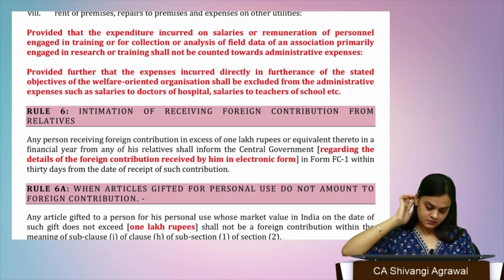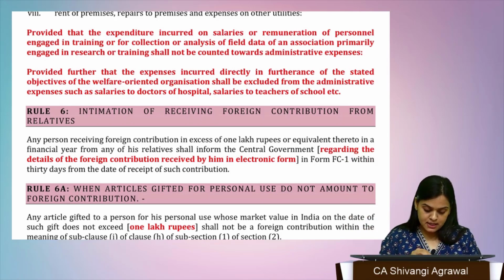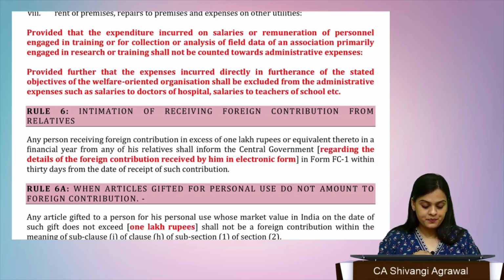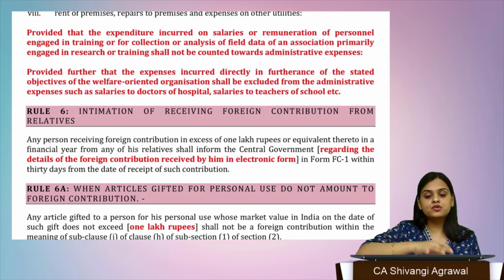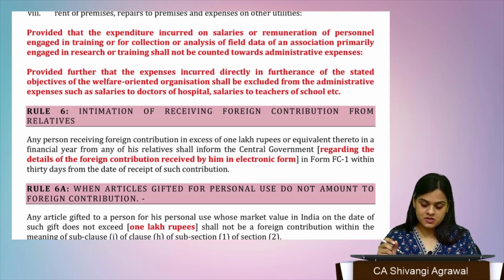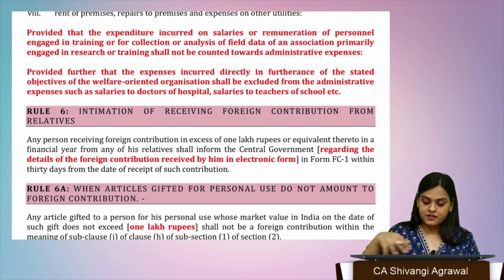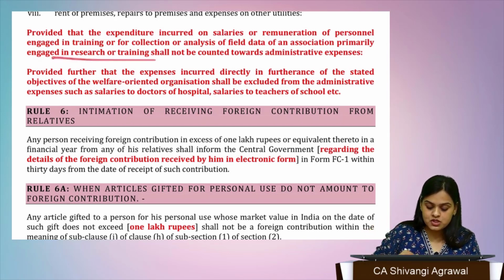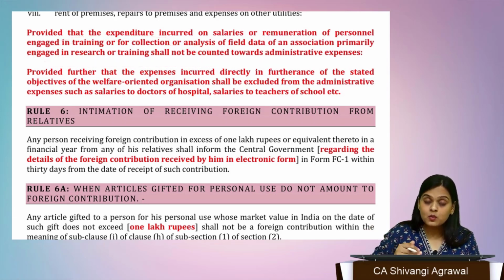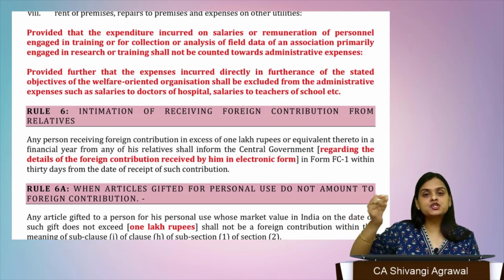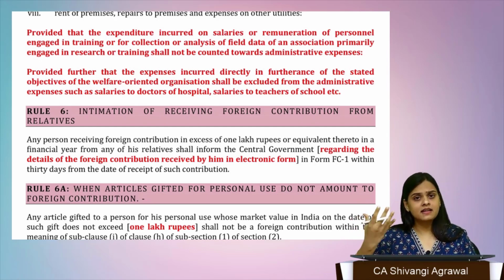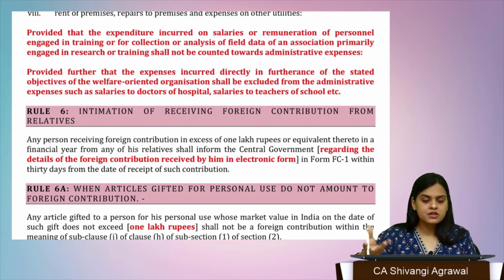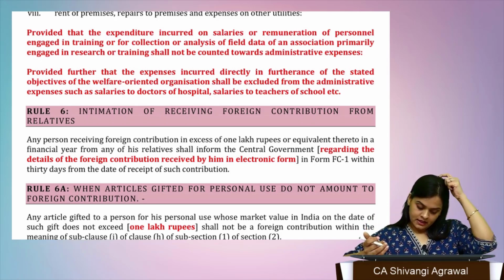So if you have hired someone for whom you are bearing some training cost, that is also not going to be treated as administrative expenses if it is direct. If you are hired in an association which is engaged in research and training, and you have been hired as a trainee and that expense is borne by the association, that again will not be treated as administrative expense. Just a clarification.